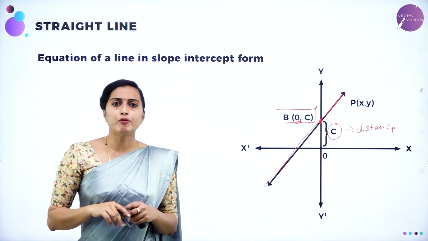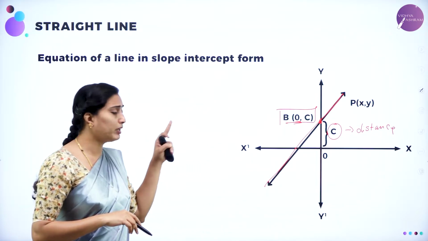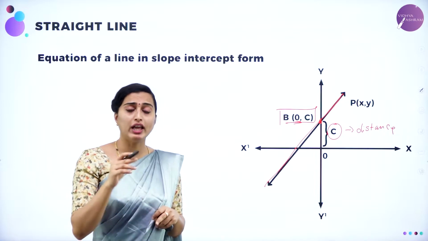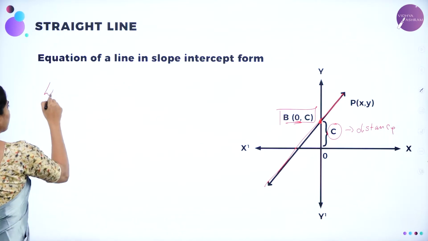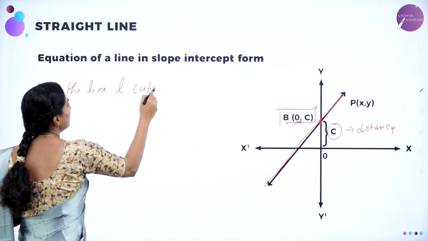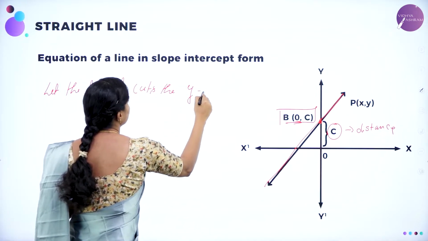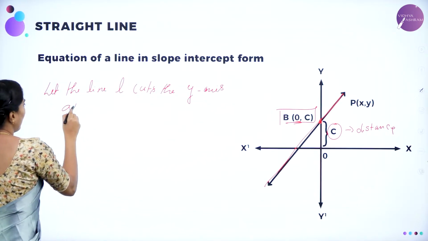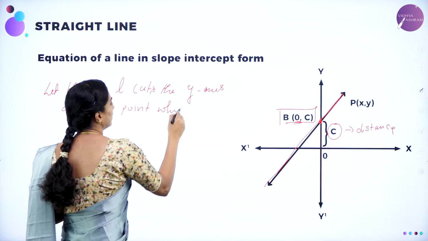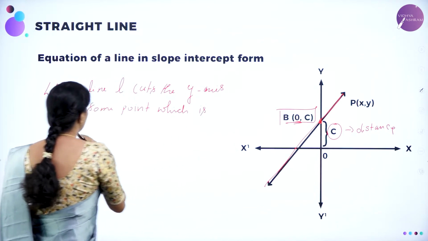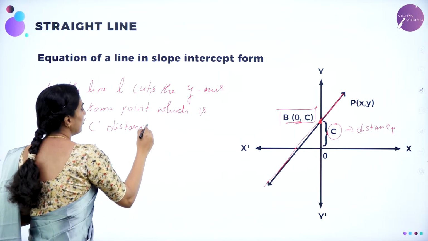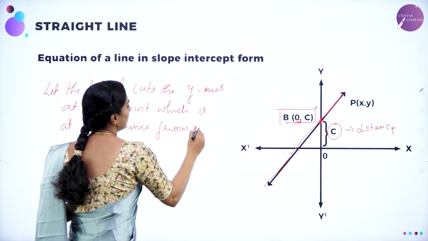And then I am going to consider another point, let P of x, y be a point on that line. So you can take it like this: let the line L cut the y-axis at some point which is at C distance from the x-axis.